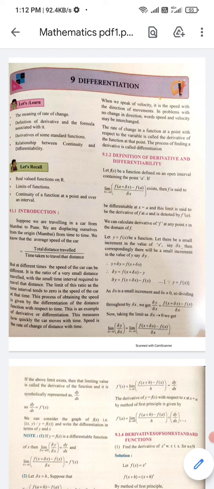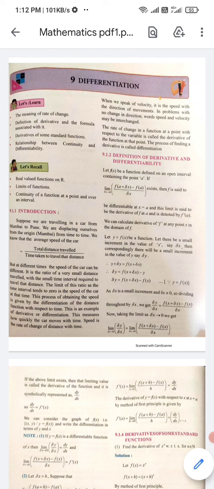Suppose that limit h tends to 0, f of a plus h minus f of a divided by h exists.